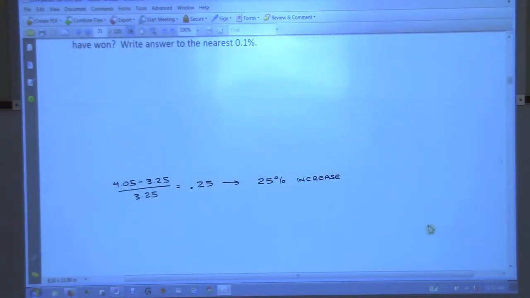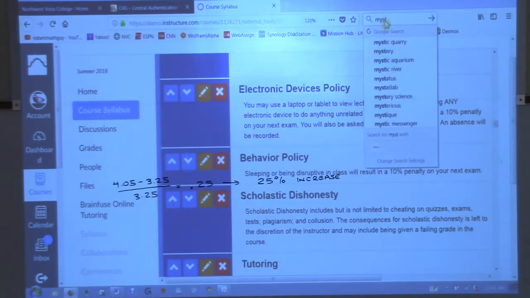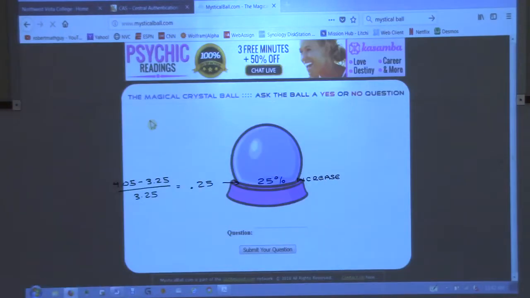Do you want to do something fun? Yeah, it's mathematical. Okay, so let's do something fun, if I can find this. Hold on, let me see here. I haven't done this in a long time, so let's see if it still works.